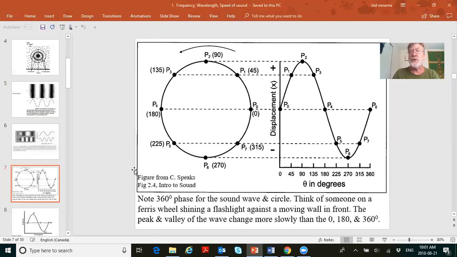Okay, see how a circle has 360 degrees, 0 to 90 to 180 to 270, back to 0 again, to 360. Now look at the wave. There's a sound wave drawn, okay? 0, 90, 180, 270, 360.